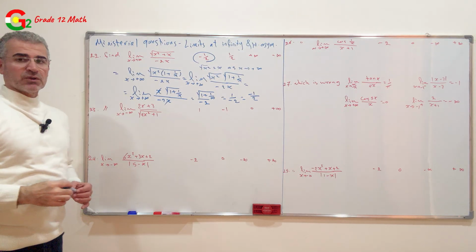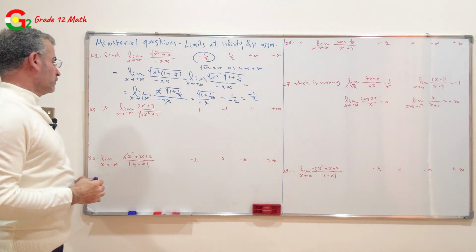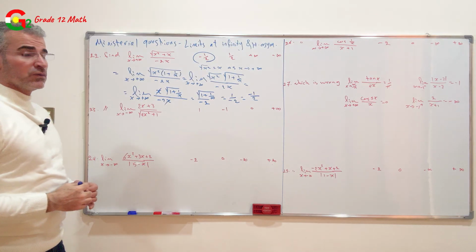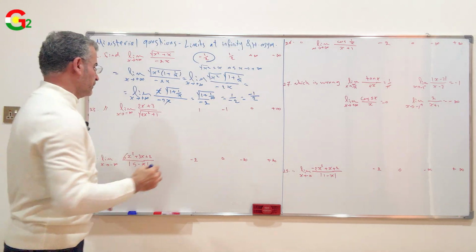Question number 23. Find the limit as x approaches negative infinity of 2x plus 3 over the square root of 4x squared plus 1.